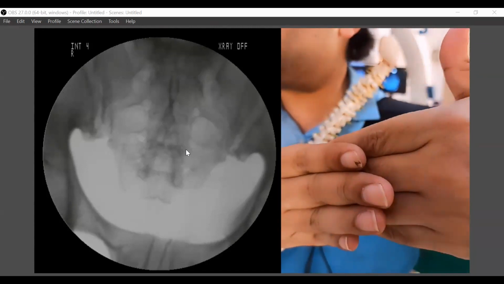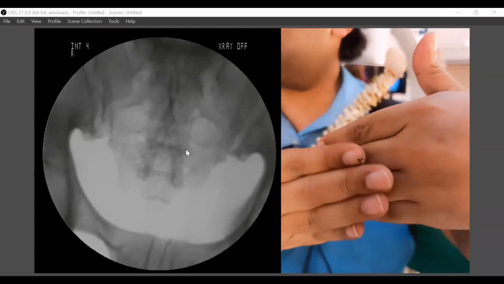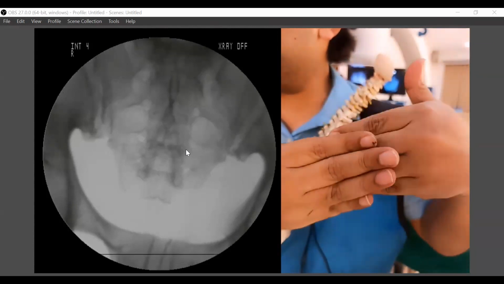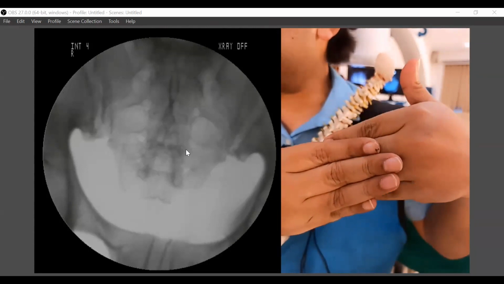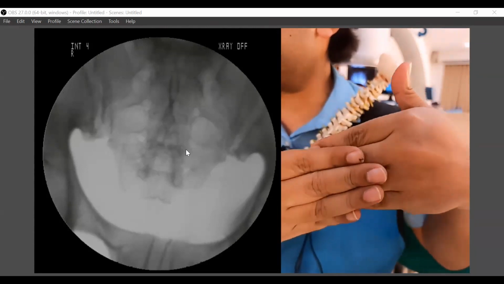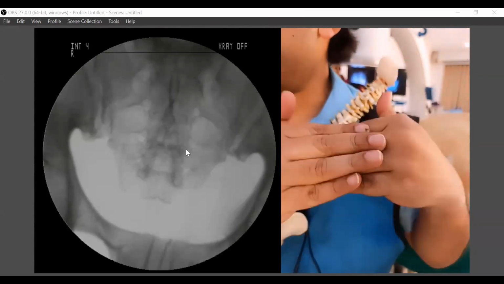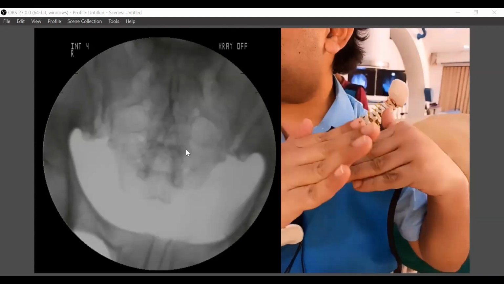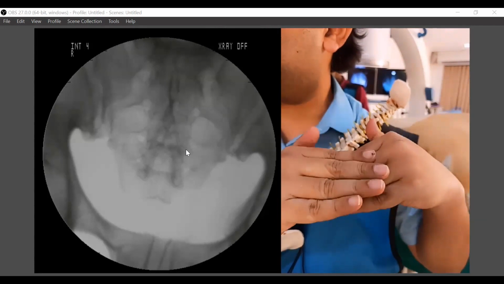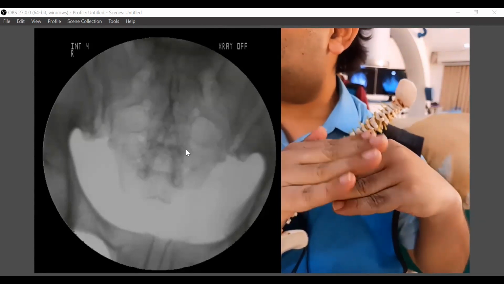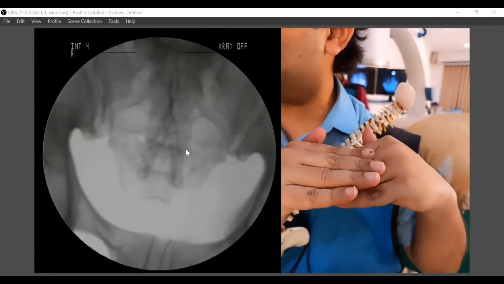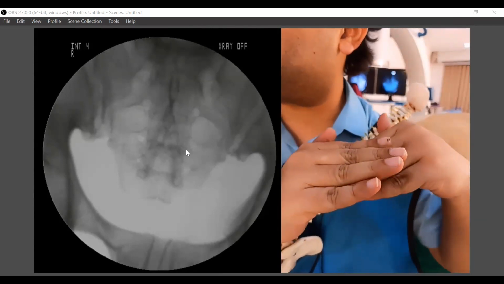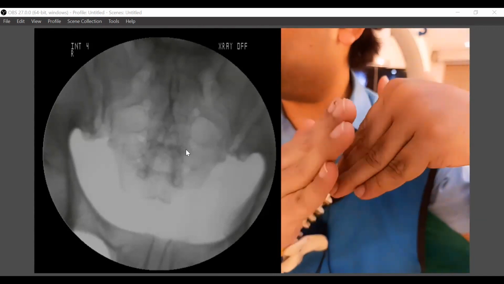Here, where my finger ends, there will be one joint line, and where this finger ends, there will be another joint line. That is what is called the anterior joint line and posterior joint line. So there are two joint lines, one at the end of this finger and one at the end of this finger. From the posterior, you can go to the end of this finger only, not to the other joint line. And the whole thing is the joint.